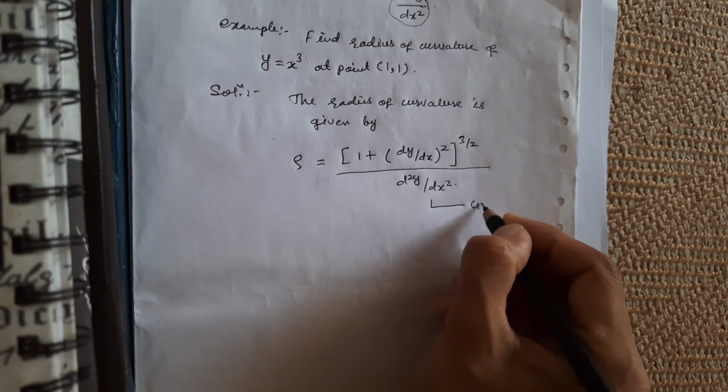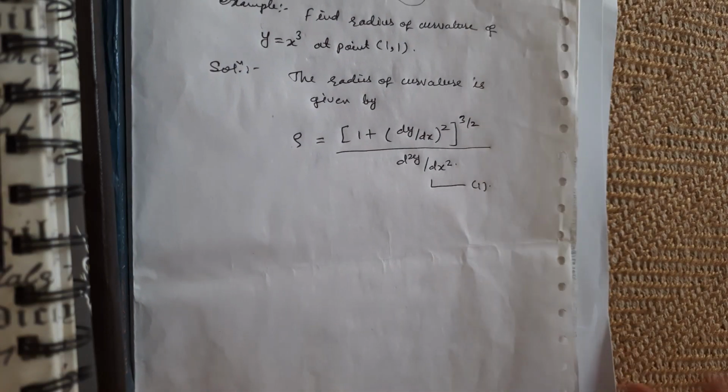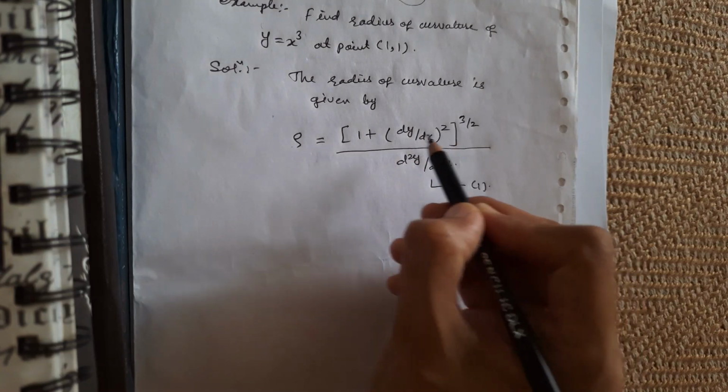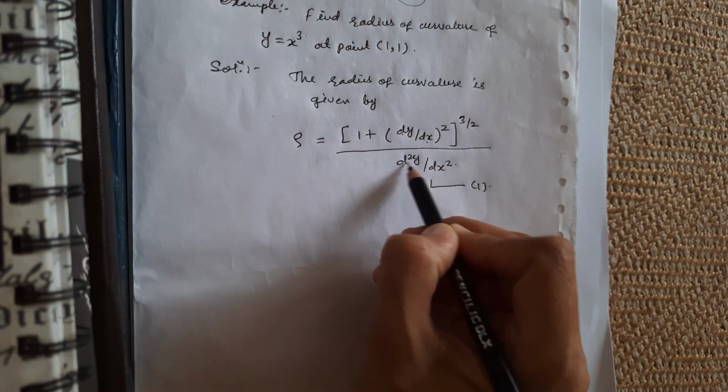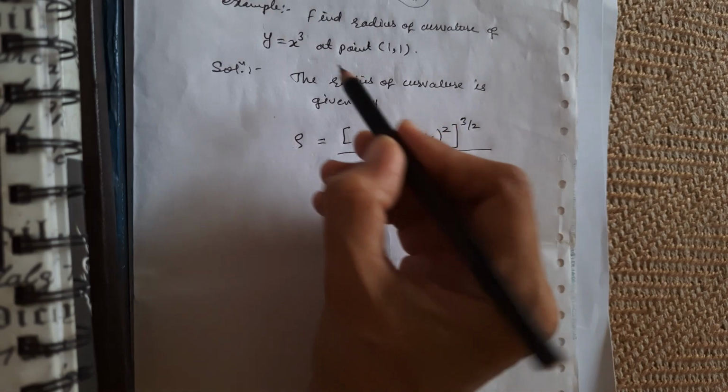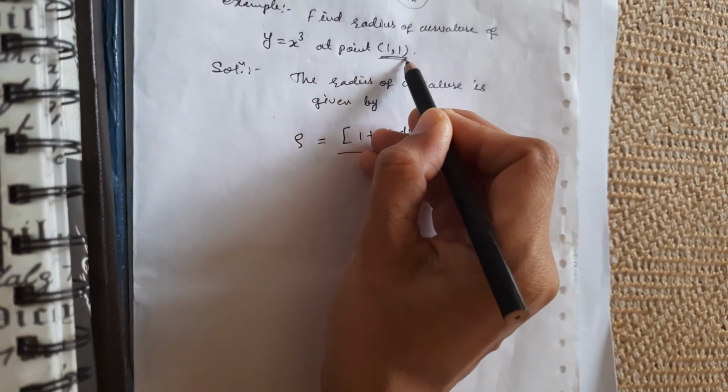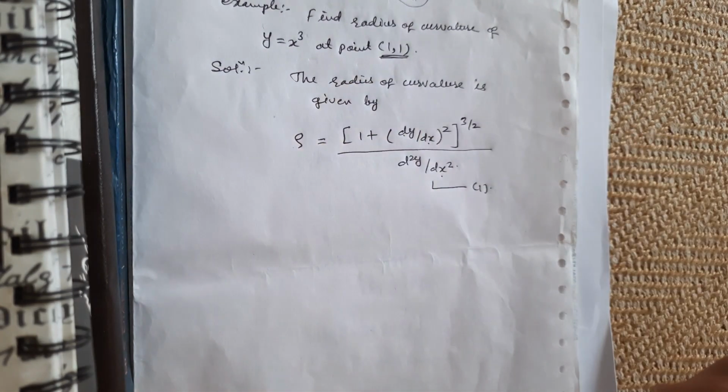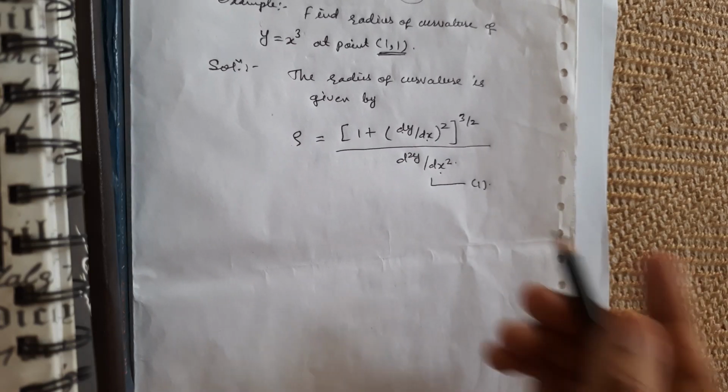Let this be equation 1. Now what information do I need here? I need dy by dx and d2y by dx square, and I need to calculate them at point (1, 1). So I am going to find them.